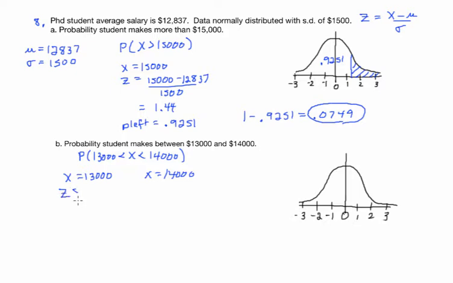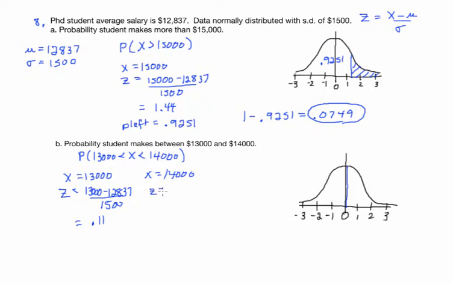We'll use the z-score formula. So the z-score for 13,000 is 0.11, right about there.